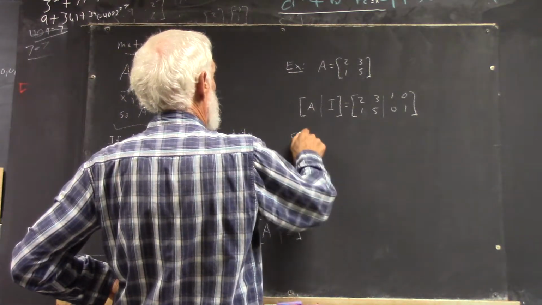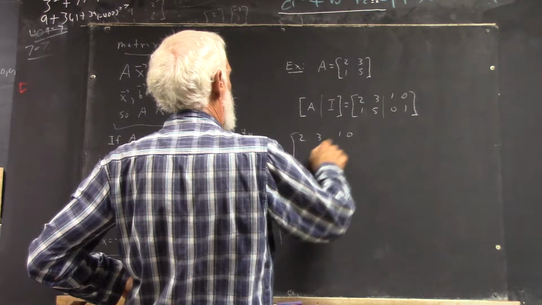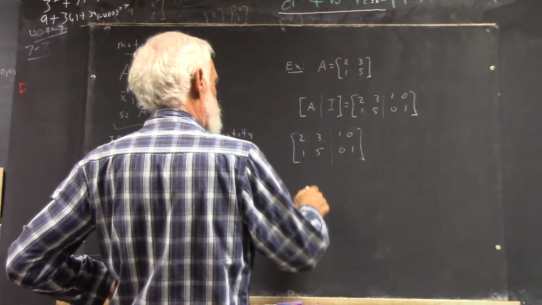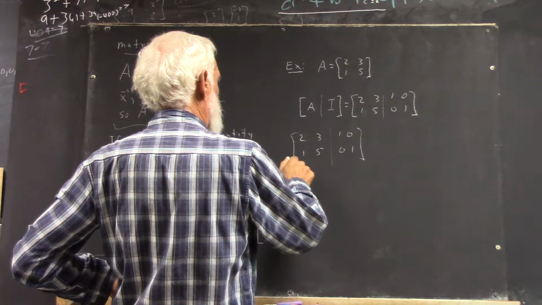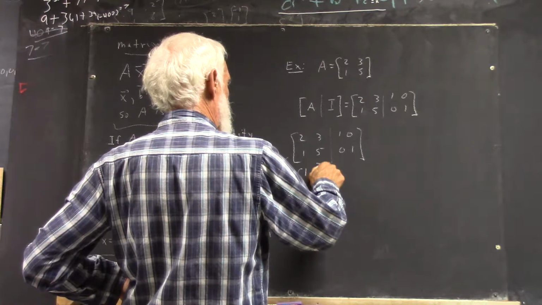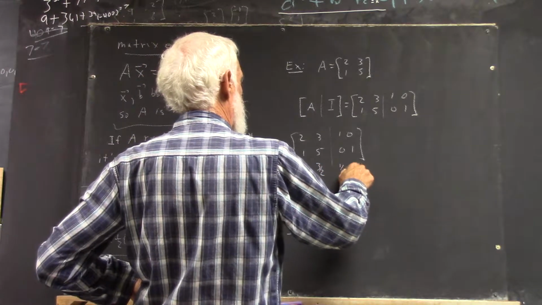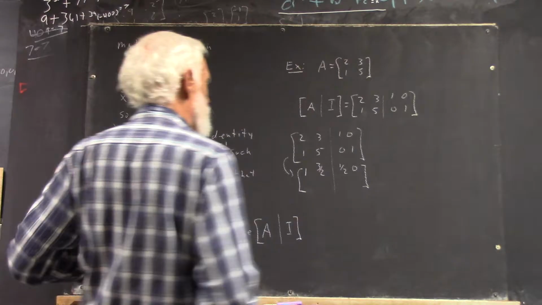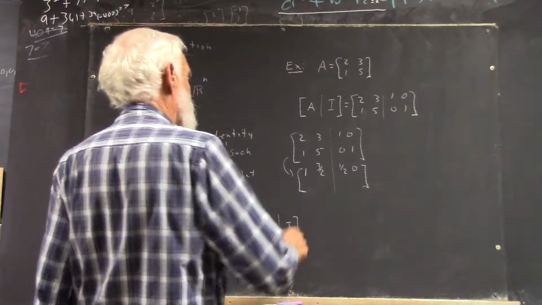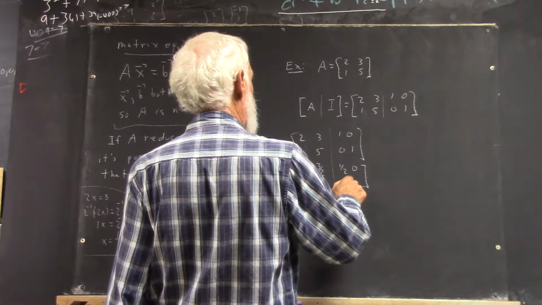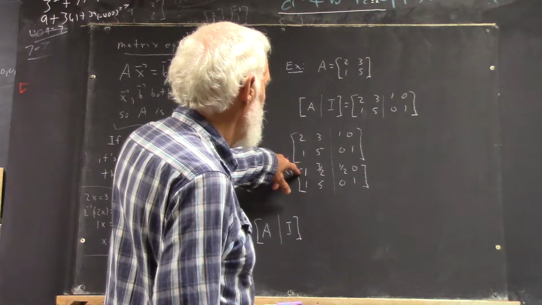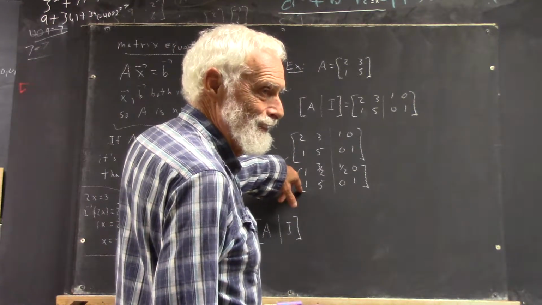So we got, take half of the first row. Add negative first row to the second. Okay?